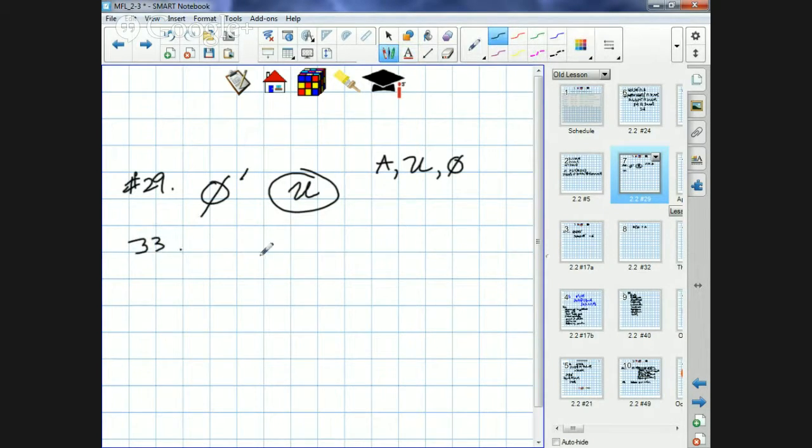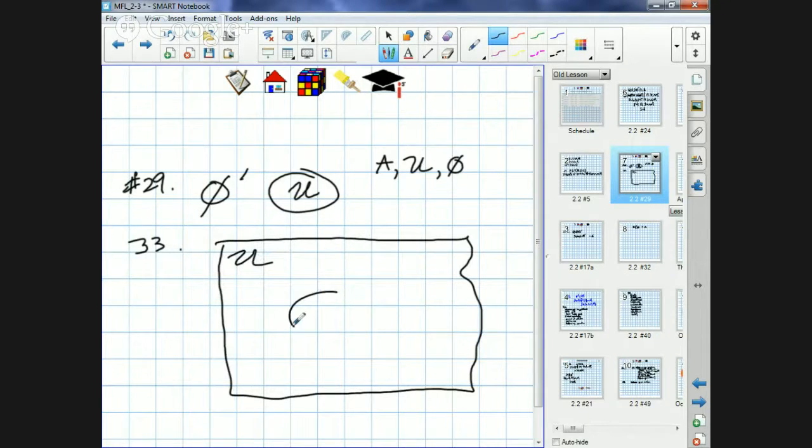So we've got a universal set, which is just a rectangle. And then we've got A inside of it, which is normally just a circle.